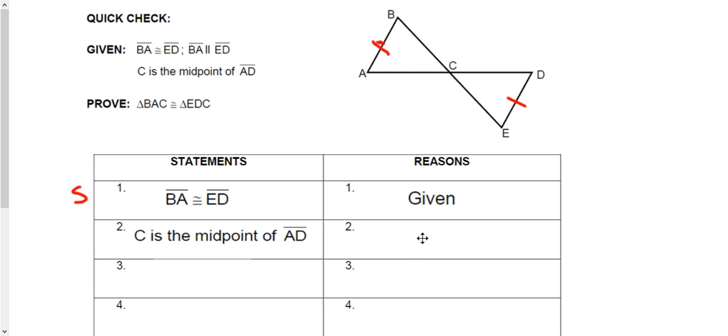That again is given. When they tell us it's a midpoint, then there are two equal segments. So this long segment right here is cut in half by this. So I know that this piece equals this one. So we have two sides now. We want either a third side or the included angle.